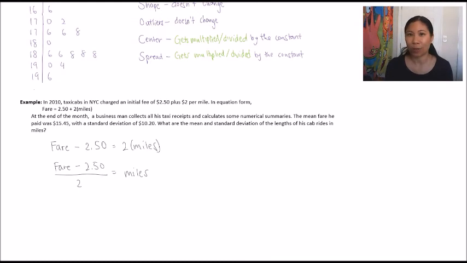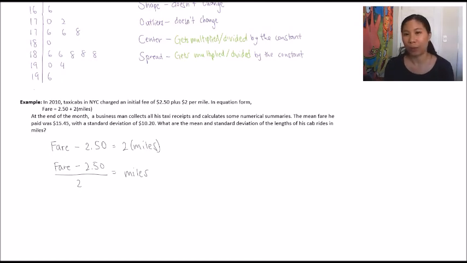We're basically transforming all of his data points, all of the fares that he paid. If we subtract 2.50 and divide by 2, that'll calculate the miles for every single receipt that he has. So we're transforming the entire data set by subtracting 2.50 from every data point and dividing by 2.